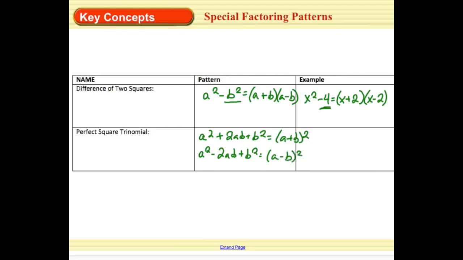So again, these are just simple factoring patterns to help you memorize so you can factor a little quickly.